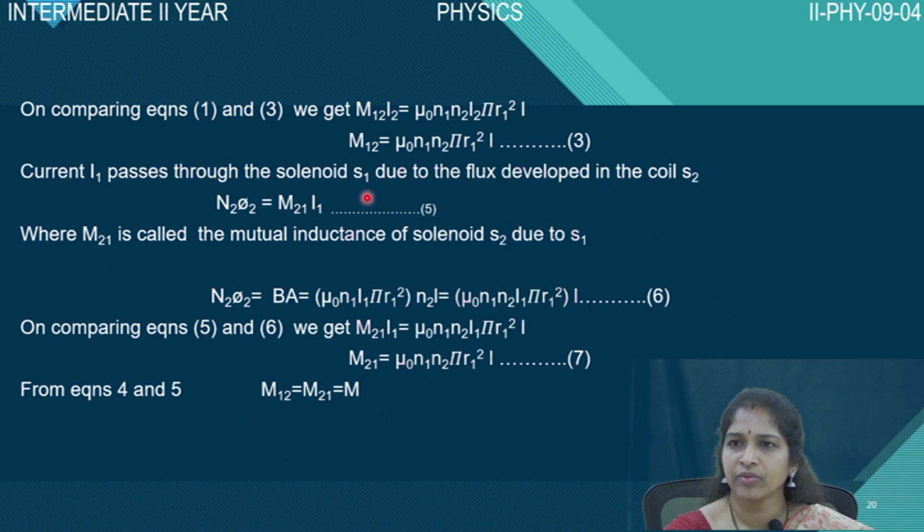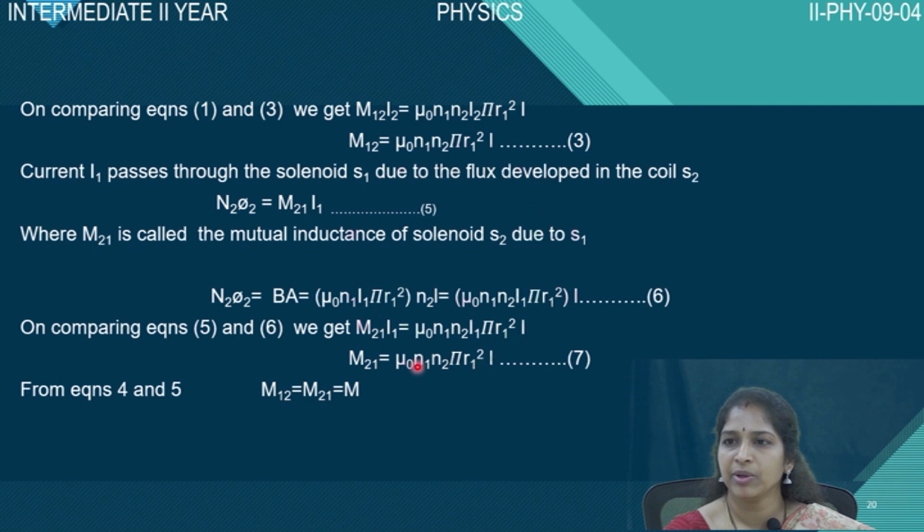In this equation we got N2 phi2, and in the other equation also we got N2 phi2. So on comparing equations 5 and 6, what can we write? I am substituting M21 I1 in place of N2 phi2. So M21 I1 equals mu naught N1 N2 I1 pi R1 square L. Here I have I1 on this side and on the other side also, so these two will get cancelled.